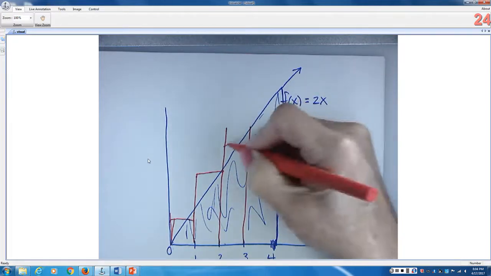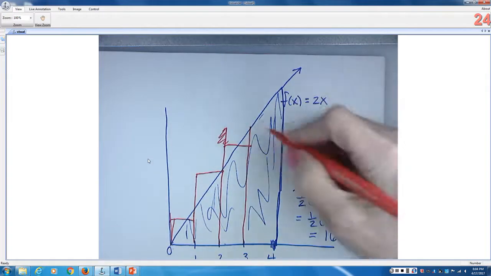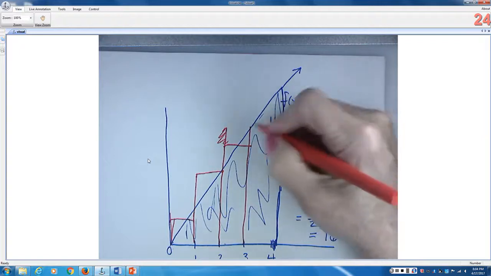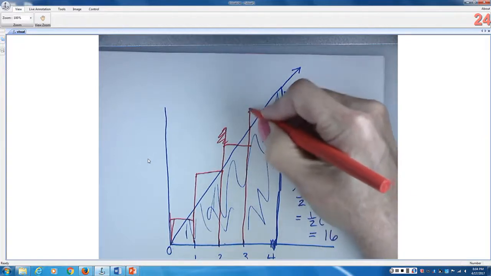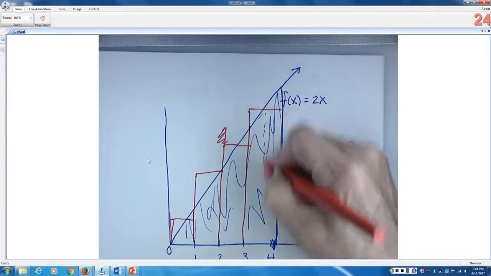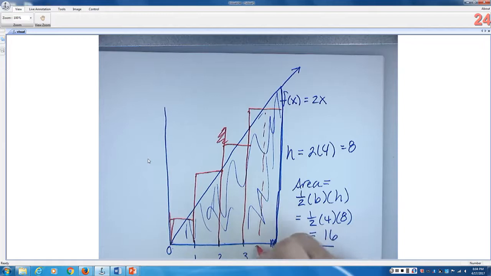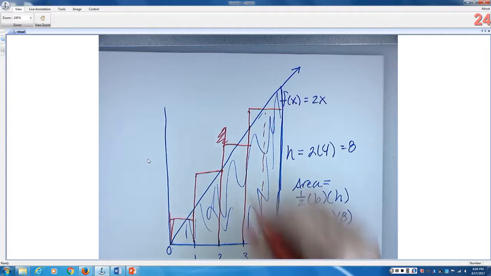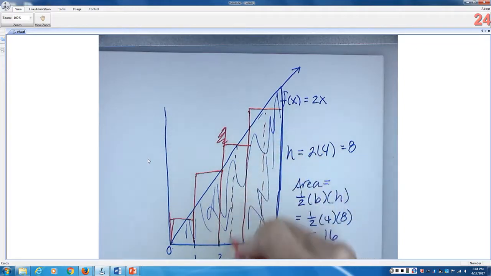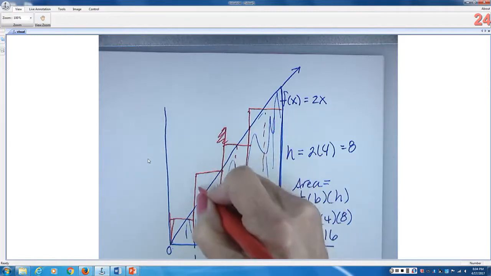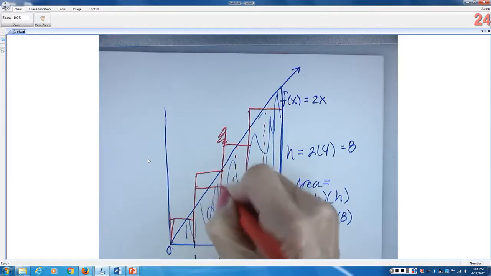That one's too tall. Ignore that. That one's too tall too.